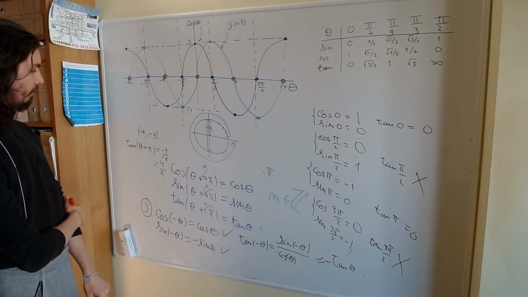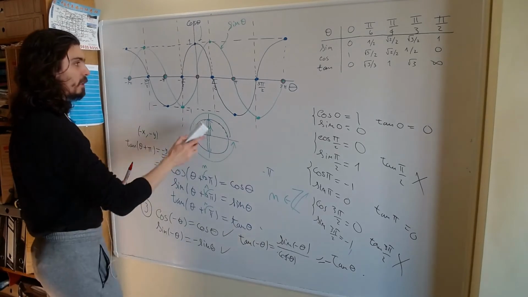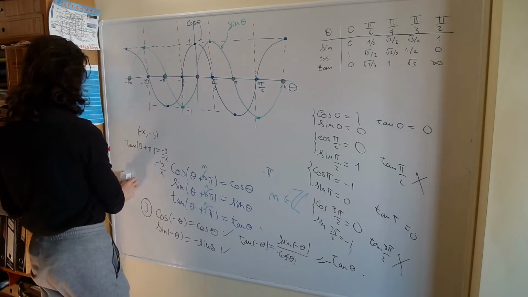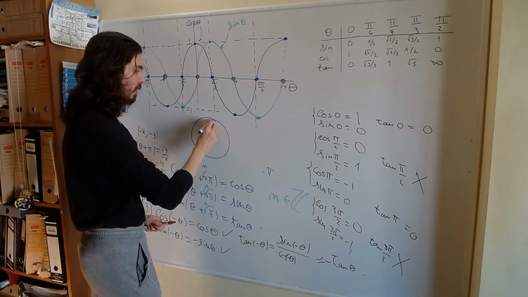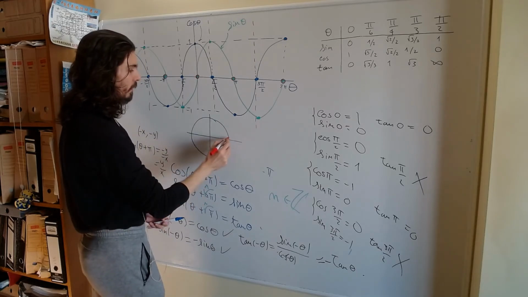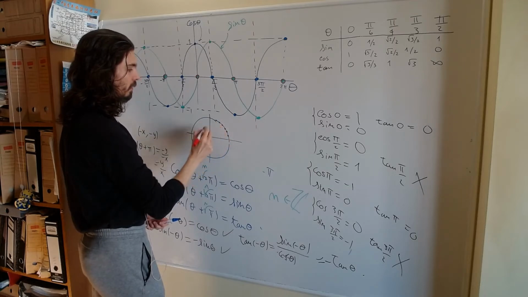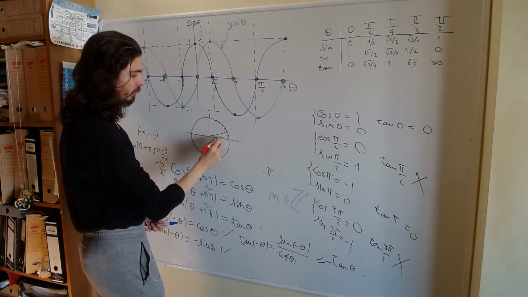Okay. Now, let's think about it. What happens in between? You go back to the definition of tangent. The tangent picks the slope. So first step, draw this. Draw the points. Now as you choose angles, you pick the slope. So the slope starts at 0, right?